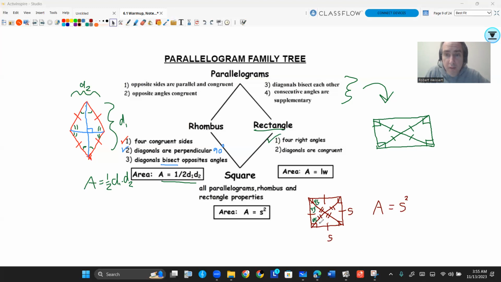So it makes solving for things pretty easy. We're going to end up using something called the Pythagorean theorem to help solve for some of these sides in the triangles. Those are all going to be 45. You get the idea. I'm not going to sit here and draw all these 45s. Well, maybe I will. Then, of course, in the middle, they will form a right angle. So there's going to be a right angle in the middle as well. So let's get started on a few examples.